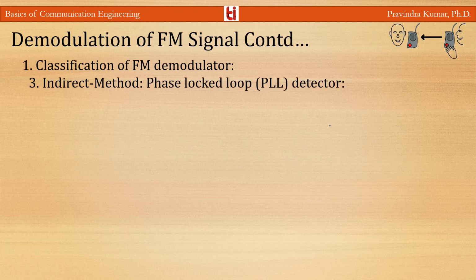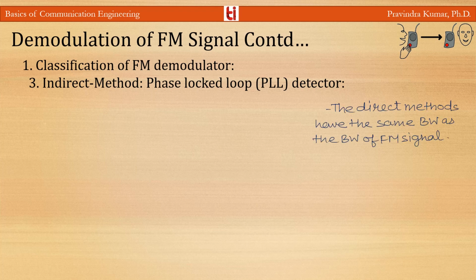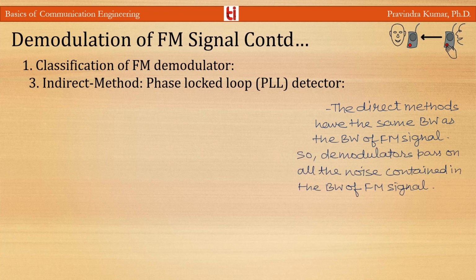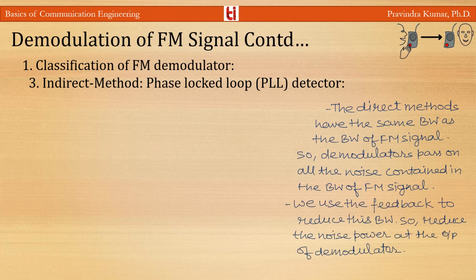Now another demodulation technique is the indirect method, the phase locked loop detector. In previous direct methods, there exists one disadvantage: these methods have the same bandwidth as that occupied by the FM signal, which of course is much more than the bandwidth of the message signal. So these demodulators pass all the noise content in the bandwidth of the FM signal.